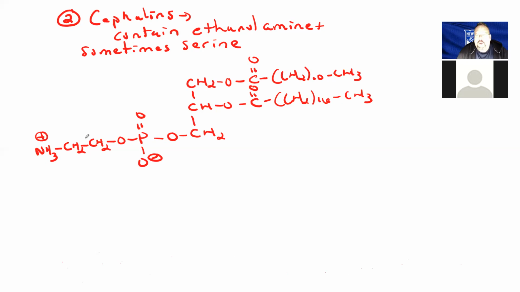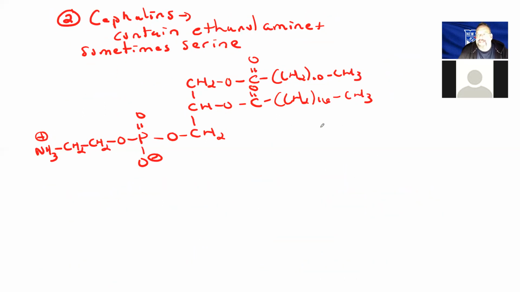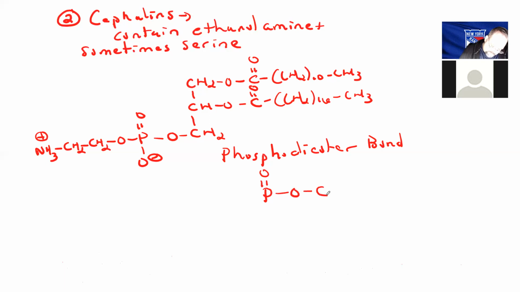Now, we talked about the fact that the linkage that links the glycerol, the phosphate, and the amino alcohol is what is known as a phosphodiester bond. So what does that look like? Essentially, it looks like the following.